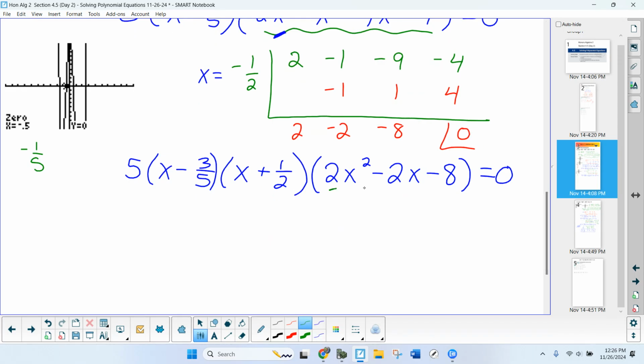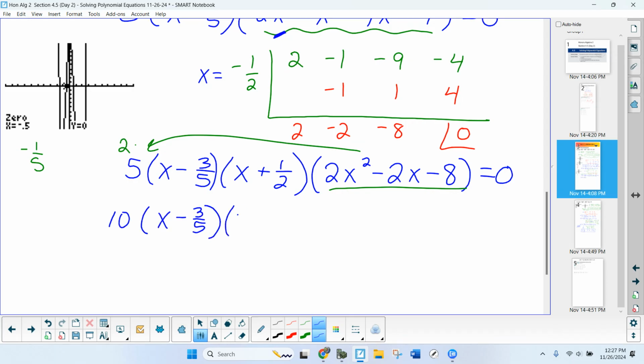Now, when I pull a 2 out of here, what do you do with the 2 and the 5? Multiply. What's 2 times 5? I know this one's humongous. And then what did this factor into? X squared minus x minus 4.